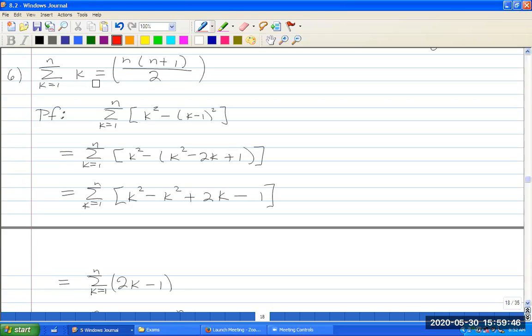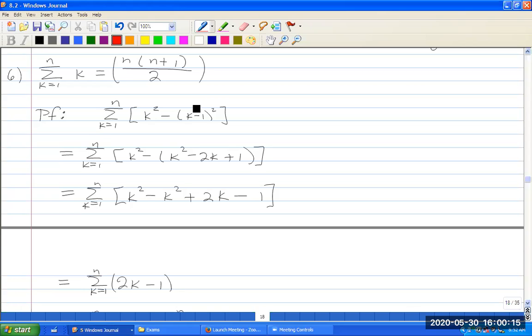So let's try to prove this, not using induction, but trying to derive it using previous sums that we have already proven. So the sum k equal 1 to n of k squared minus the quantity k minus 1 squared is equal to, well, let's use a special product formula to expand k minus 1 squared.